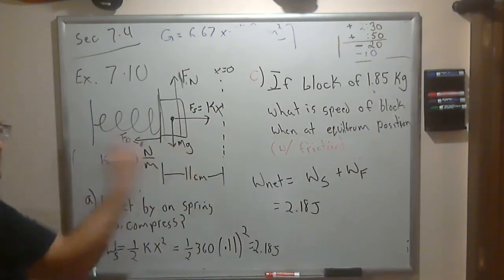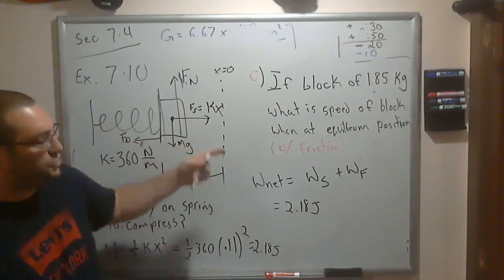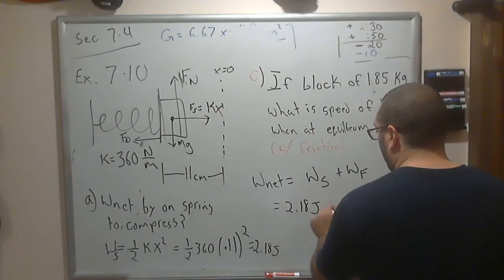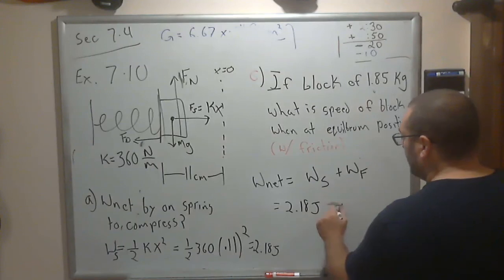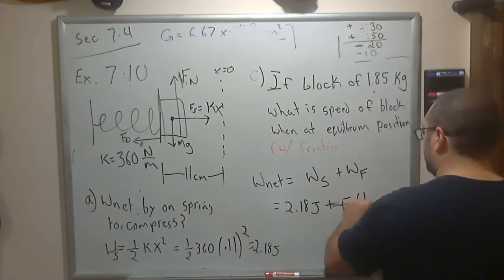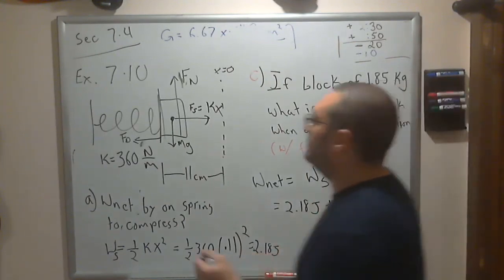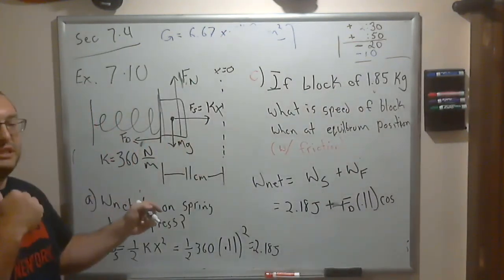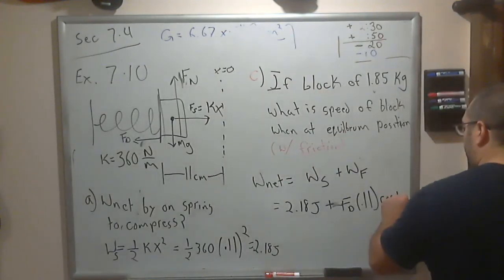The friction force is pointing away from me, and our displacement is in this direction. Based on the relationship between work and force, it's the force Fd times the distance, which is 0.1, times the cosine of the angle between the displacement and Fd. Fd is pointing the opposite way as our displacement, which means this angle is 180.